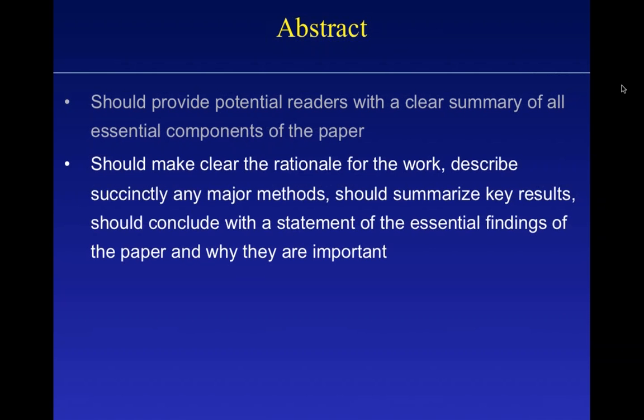The abstract should make clear the rationale for the work, describe succinctly any major methods, and should summarize clear results. It should also conclude with a statement of the essential findings of the paper and why they're important. And you'll be surprised at how many abstracts are missing one or more of these essential elements.